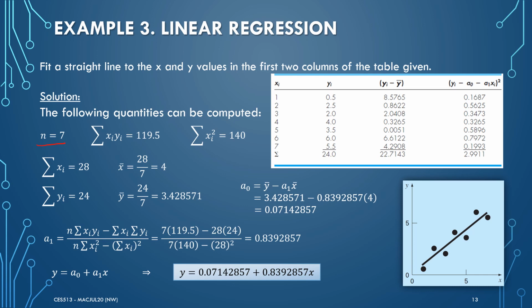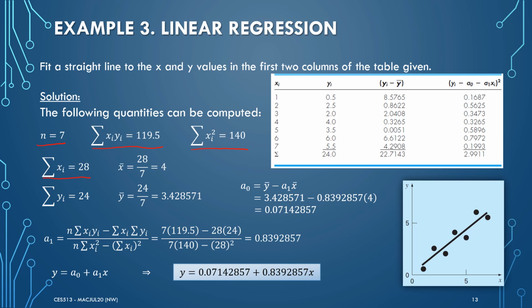And then the summation of xi multiplied by yi, which is equal to 119.5. And then the summation of xi square equal to 140. Summation of xi equal to 28.